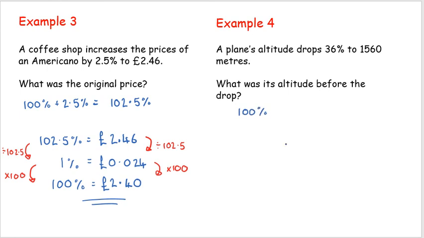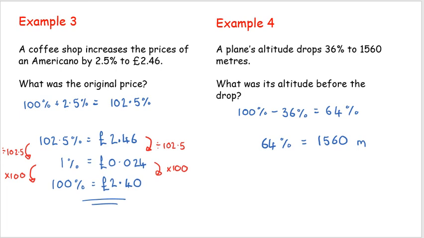It then dropped by 36%. So I'm going to subtract 36 because it's going down. So that leaves me with 64%. Now, its altitude is now 1,560 metres, therefore that 64% represents that 1,560 metres.